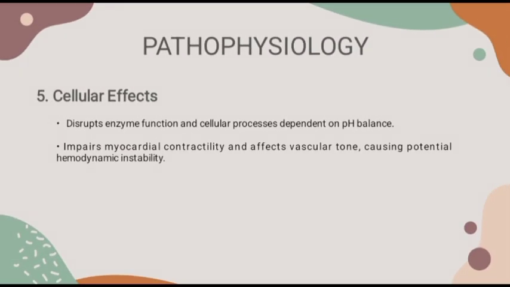When chloride levels in the body are too high or the blood becomes too acidic, several cellular functions can be affected. One of them is the disruption of enzyme function and cellular processes. So, the body relies on a stable pH level for enzymes to work properly. The enzymes are proteins that help carry out essential processes like digestion, energy production, and cell repair.